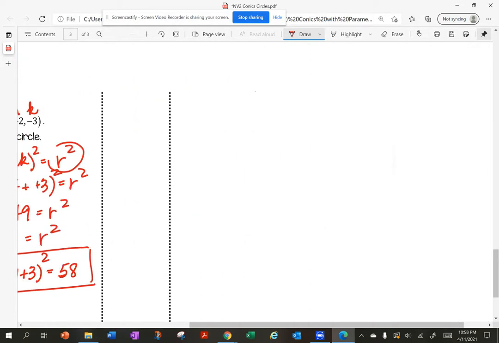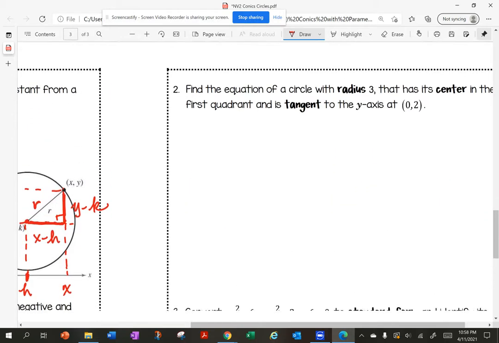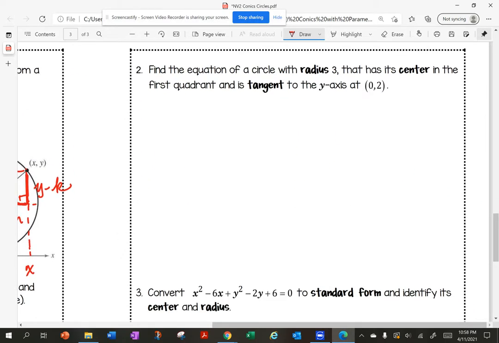Okay, let's try the next example. Find the equation of the circle with a radius 3 that has its center in the first quadrant and is tangent to the y-axis at (0, -2). So I know I'm in the first quadrant. Tangent means I touch the circle just once.